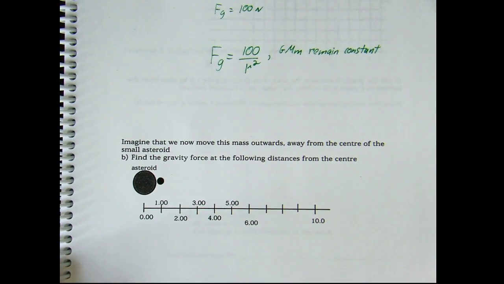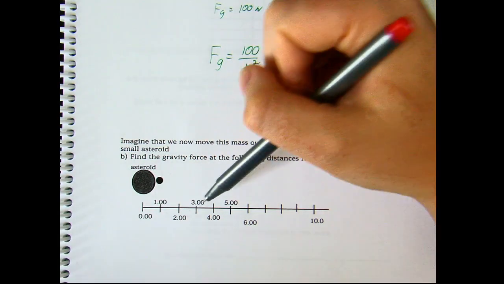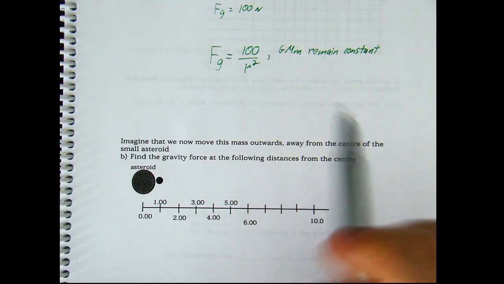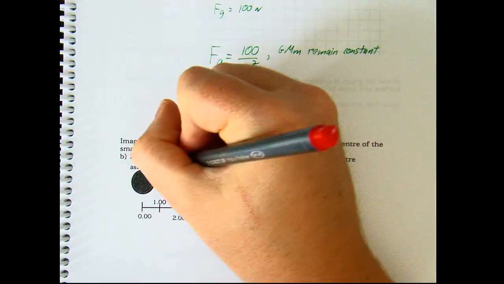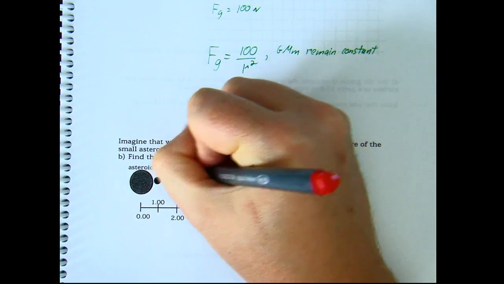So imagine we start moving this thing outwards, away from the center of the small asteroid. We want to find the gravitational force at a bunch of distances: 1, 2, 3, 4, 5, 6, and 10 meters. Well, we've already sort of established a relationship here. We've got Fg equals 100 over r squared.